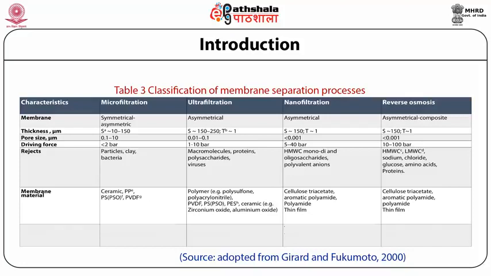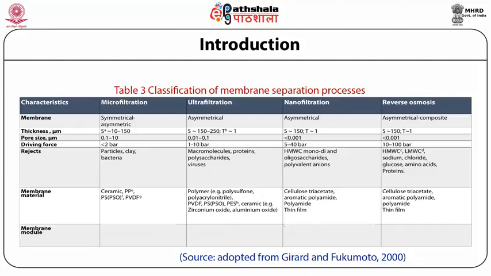Membrane materials, like ceramics, polysulfone, PVDF. In the case of UF, polysulfone is the membrane material which is widely used in the dairy industry, particularly for the ultrafiltration membrane. For NF, CTA, and for RO, cellulose and polyamide membranes are also used.